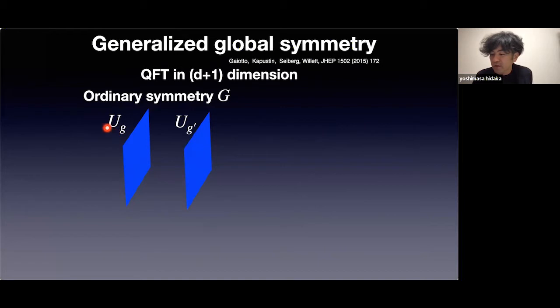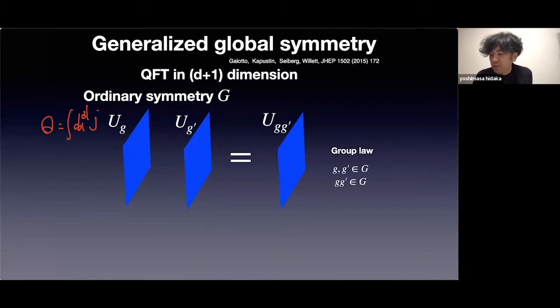Since the charge is the integral of the current, you can identify that this is a D-dimensional object. This can be understood as an extended object of codimension 1 in the space-time, where D is the space dimension and 1 is the time. If you have two unitary operators, the multiplication rule satisfies the group law. That is the symmetry generator.